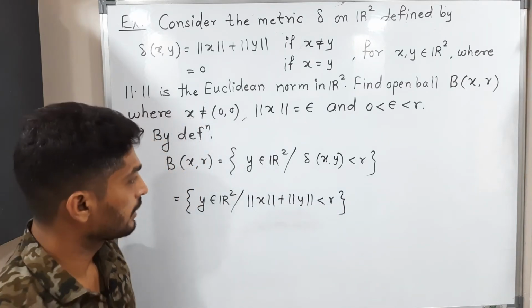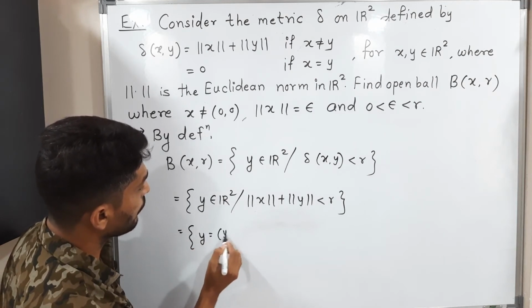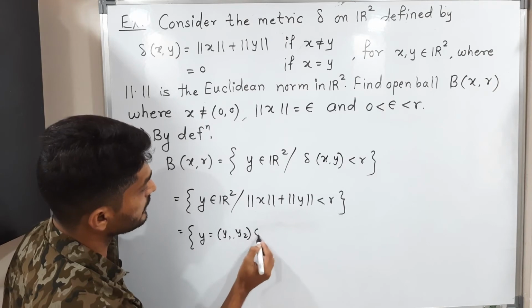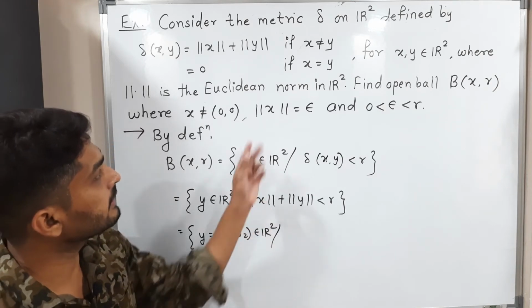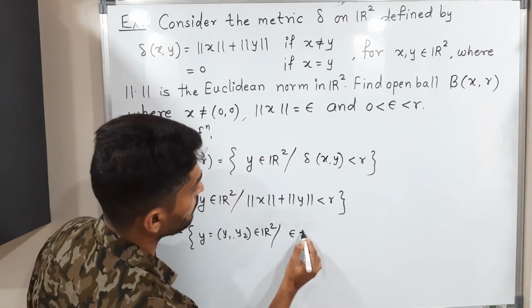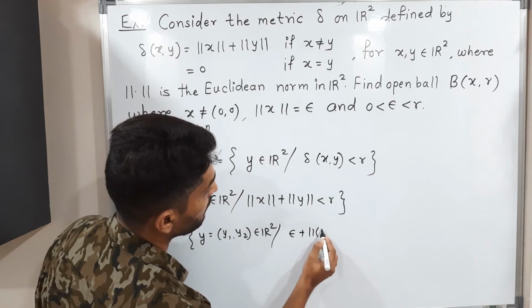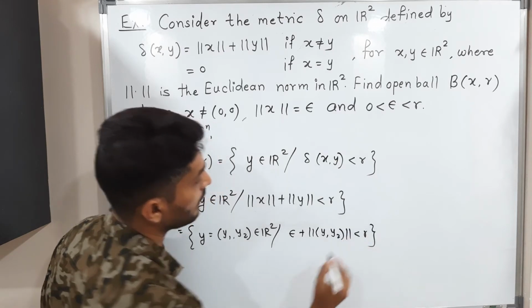Agree with me? So this is equal to, y means basically, as I told you earlier, y1 comma y2, since it is an element of R2, such that, norm x, they have given the value of norm x as epsilon, so therefore epsilon plus norm y, meaning norm of y1 comma y2, less than r.